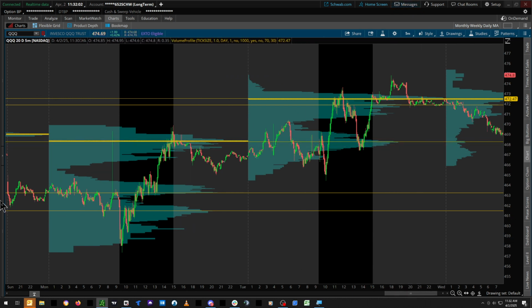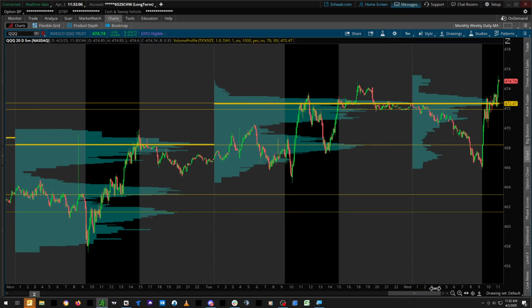Magnets. And we know all these are actually further down. Now, can we mark VPOC intraday? So the point being is that these are magnet areas. We expect price to gravitate towards them because it's a price that people really liked.